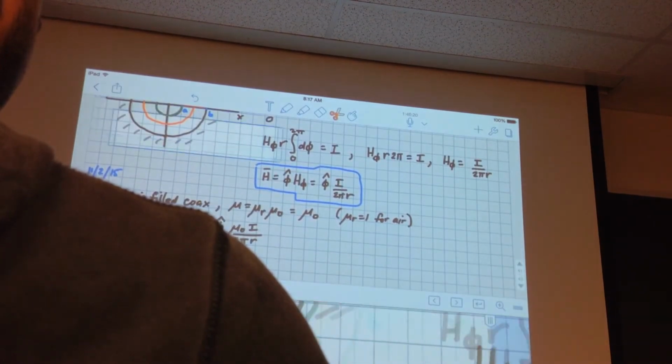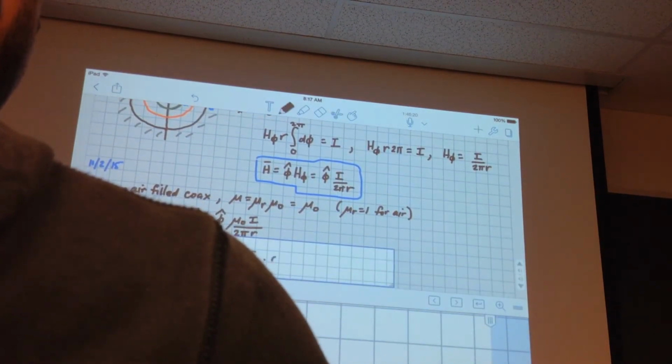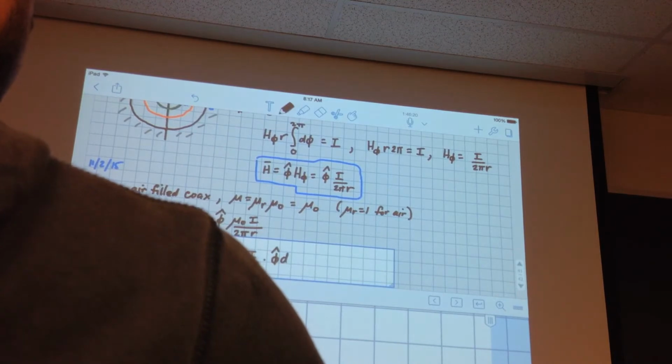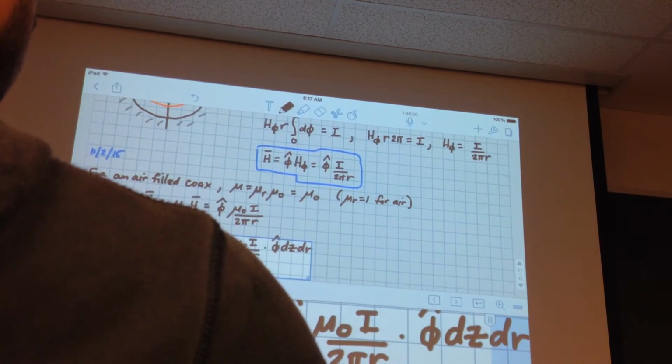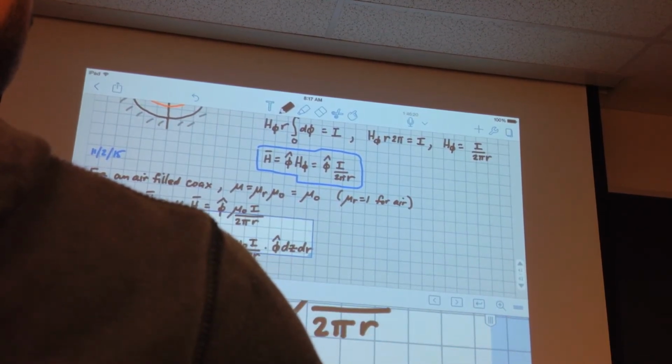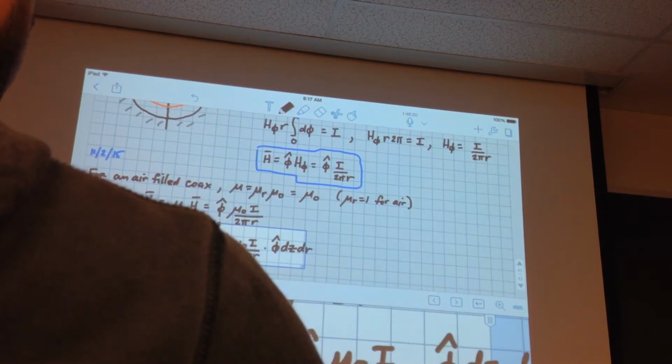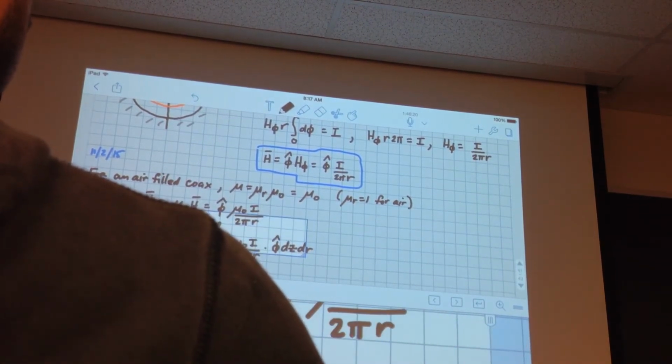The differential surface element is phi hat dz dr. The z limits of integration go from 0 to the length of your cable, and then r goes from little a to b.